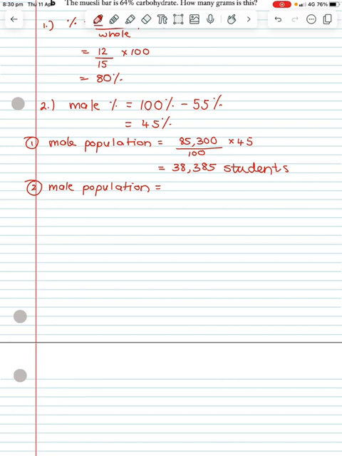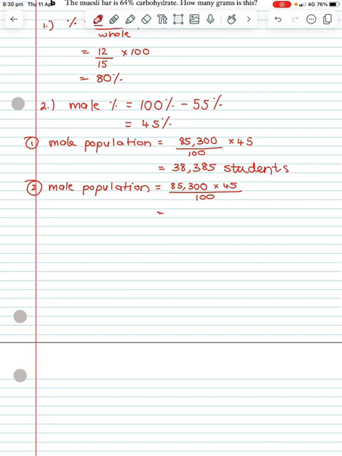So what I can do is take my 85,300 and multiply it by my 45%, and then divide by 100. You can see that it looks the same, but instead of doing the division first, I'm going to multiply 85,300 by 45 to begin with.